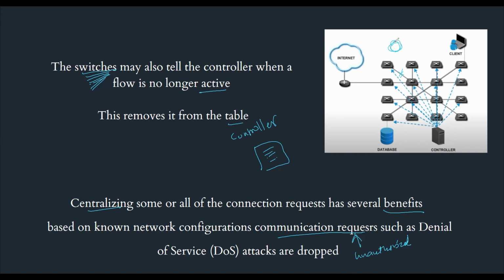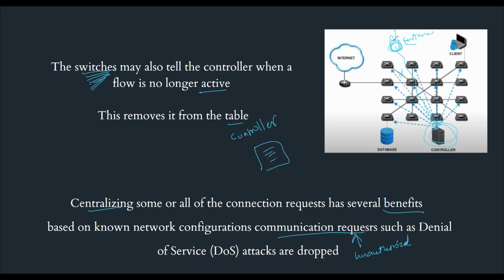If any component is making a request directly to the central controller, the controller will definitely know this is an unauthorized person, because the centralized controller knows which devices are connected to its network. If there's any outsider which is not configured to the network, it will identify this very quickly.